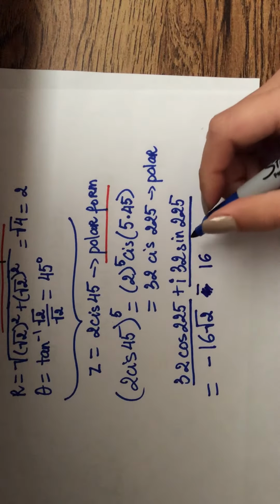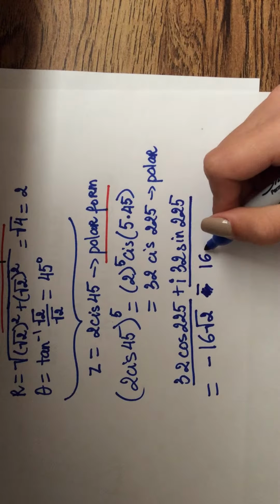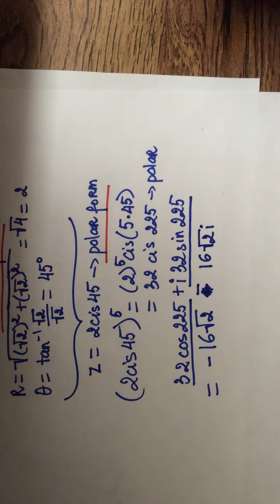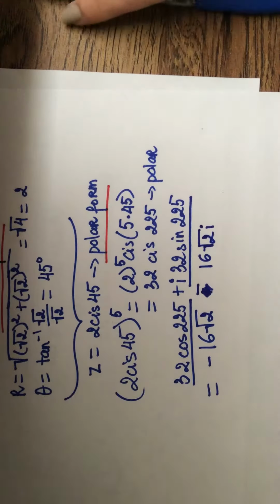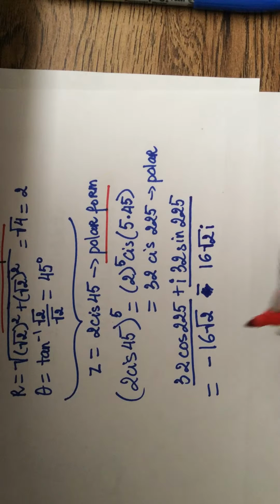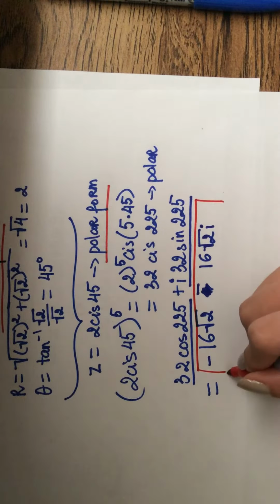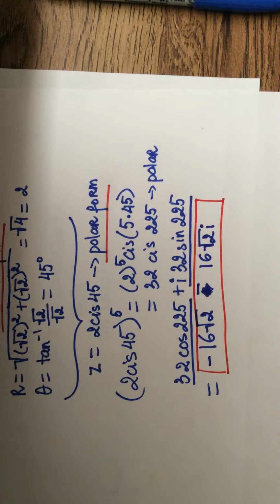It's negative 16 square root of 2 i. So this is going to be your standard form. Every single time you finish your problem, you should box it so it looks clean and neat, and that's what all math teachers want you to do.